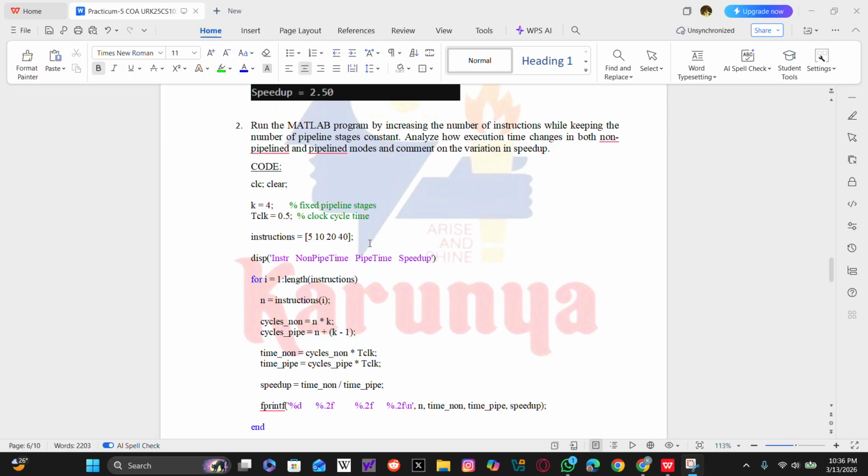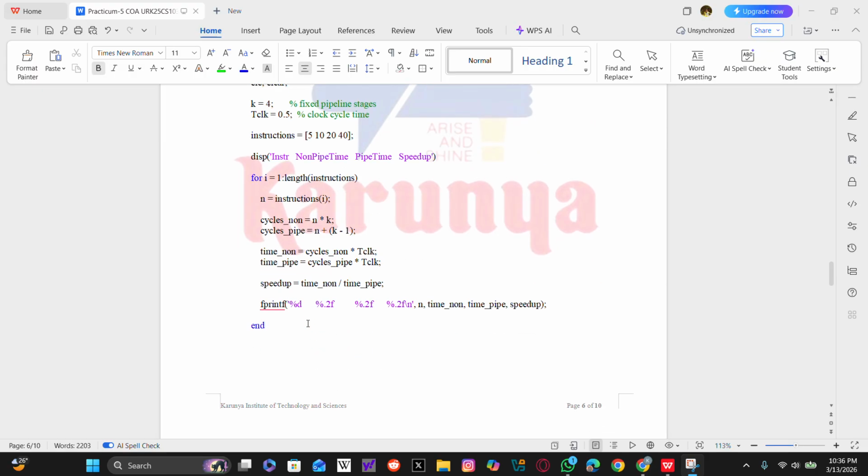And we are using the for loop where i is equal to 1 to length of instructions, n is equal to instructions of i. Cycles non is equal to n into k, whereas in non-pipeline it is n times k, and in pipeline it is n plus k minus 1.